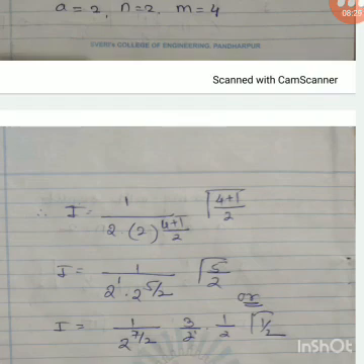Just x raised to m is additionally present there, and the change in the result is that a raised to m plus 1 comes, and in the gamma function also m plus 1 upon n. That is a simple change.